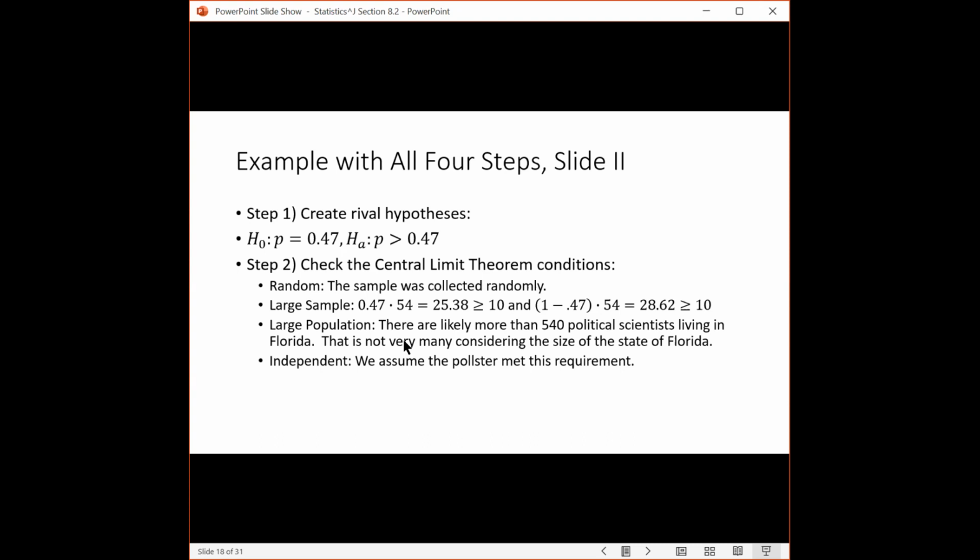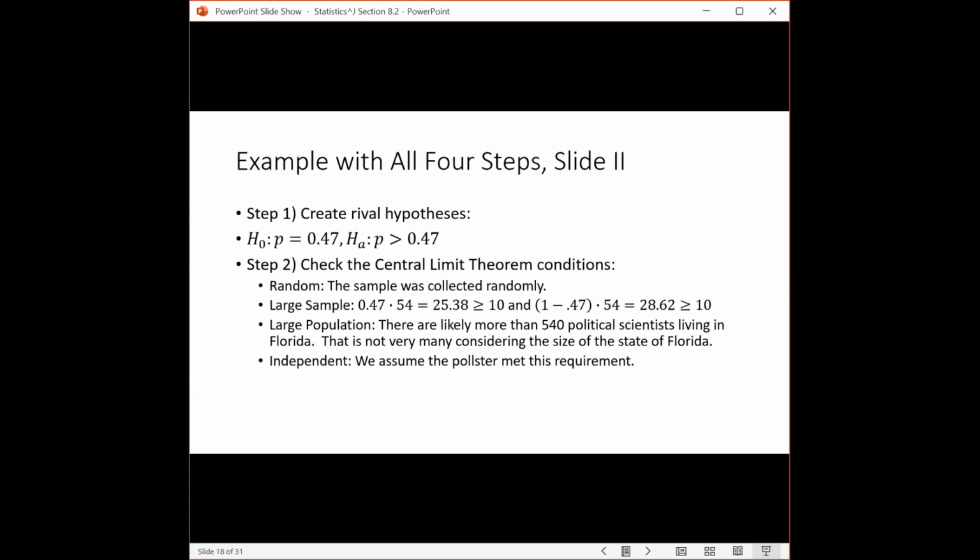Large population. So you've got 54 political scientists. If you multiply by 10, the population needs to be more than 10 times the sample. So if the sample is 54, then the population needs to be bigger than 540. Are there more than 540 political scientists who live in Florida? Probably.